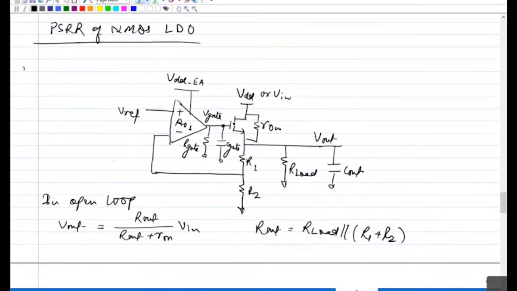Some voltage will appear here at this node. What will it do basically? Can anybody tell what will happen to that? The change will get multiplied by the GM2 and will appear at the output again. So what will that be? Will it be higher, lower? It will probably be equal to 1. No, why 1?